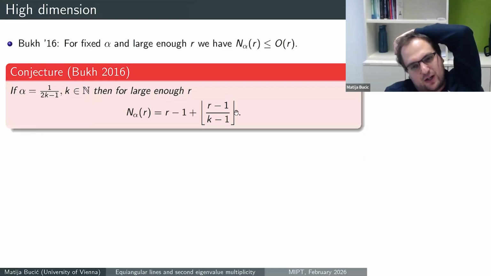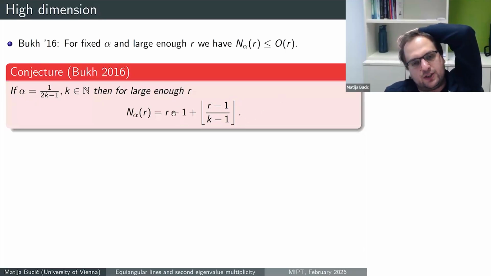So this (r minus 1) over (k minus 1), if you don't care about the exact answer here, you should think of it as just saying 2r times alpha. That's roughly what it is, because k is equal to 1 over 2 alpha. So if you plug it in here, then you get 2 alpha r, and you'll be seeing this 2 alpha r showing up a bit later.